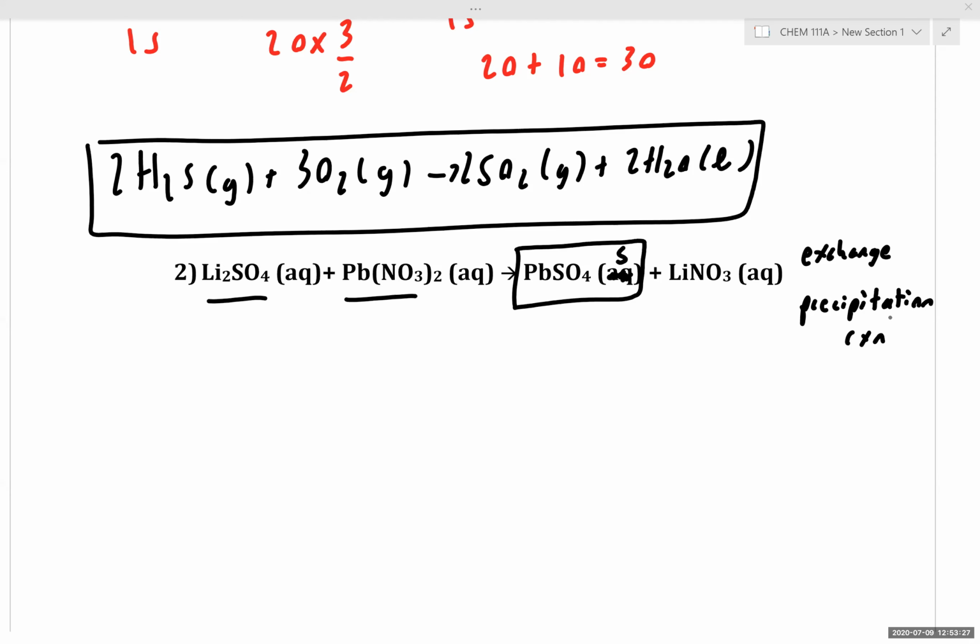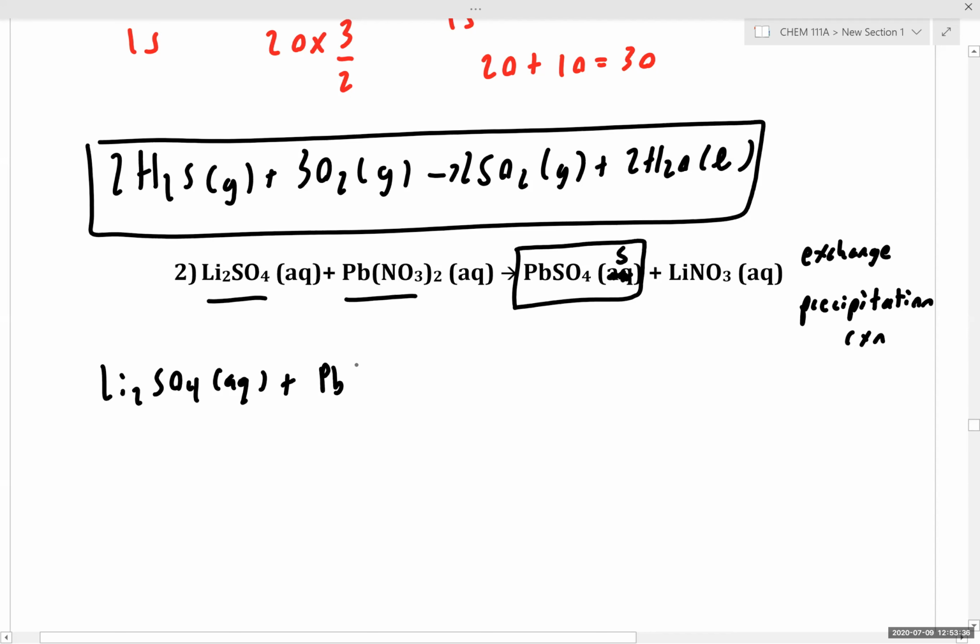So then let's balance this equation. The main feature of classifying different reactions is that by virtue of classifying them, we can more efficiently utilize shortcuts to balance these equations and write the net ionic equation.